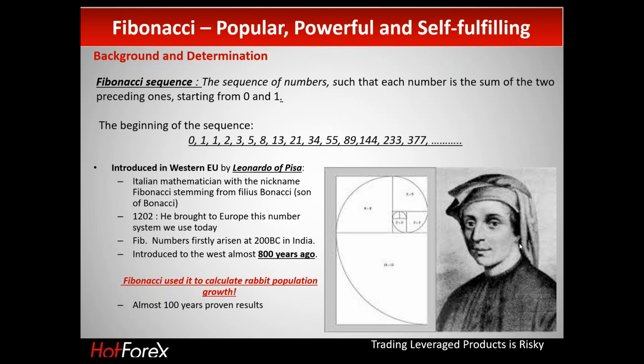He discovered the Fibonacci sequence and named it after his nickname. He was Italian, as I said. In the 12th century, he brought to Europe this number system, which we use.